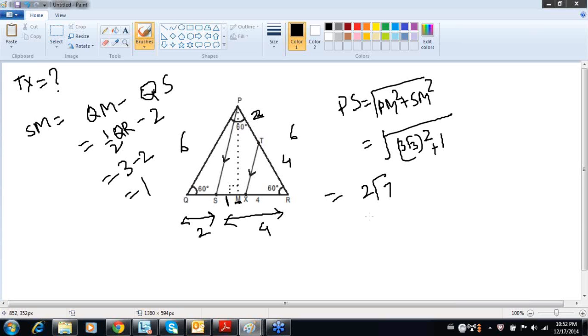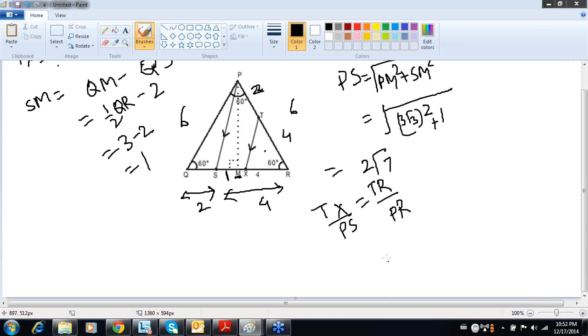Now PS is parallel to TX. If these two are parallel, that means triangle TXR will be similar to triangle PQR. So just apply that theorem. TX upon PS will be equal to TR upon PR.